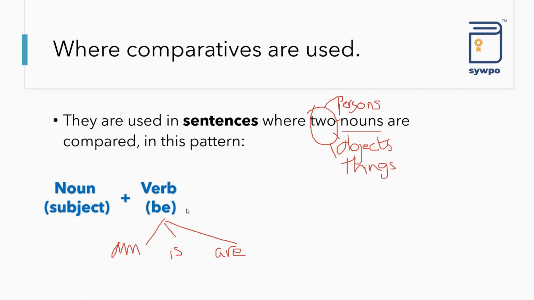After that you need to write the comparative adjective, and the comparative adjectives will be with er. Whatever the adjective is, you have to write it with er. For example, if you write big, it should be bigger here. If the first one is small, smaller here, and that is how it goes.